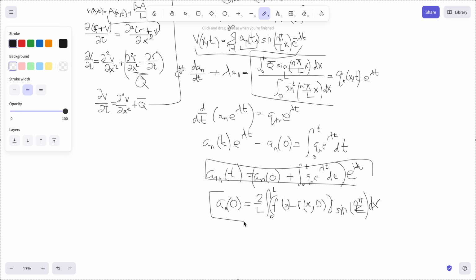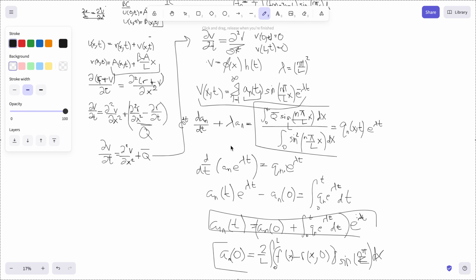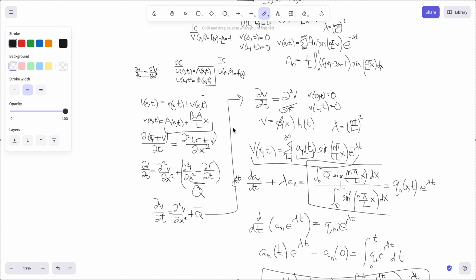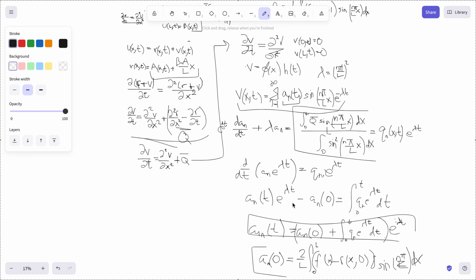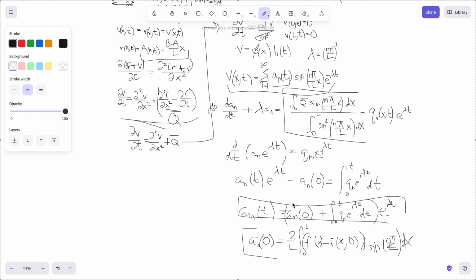And so it becomes a lot more complicated when you have an inhomogeneous solution. But you can see here how when we have inhomogeneous boundary conditions, and also now when we have inhomogeneous partial differential equations, you know how to solve it using these formulas. So I hope that made sense. Next video, we're going to look at higher dimensional partial differential equations and the Bessel function.